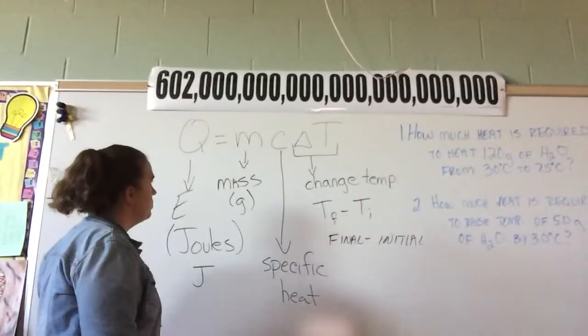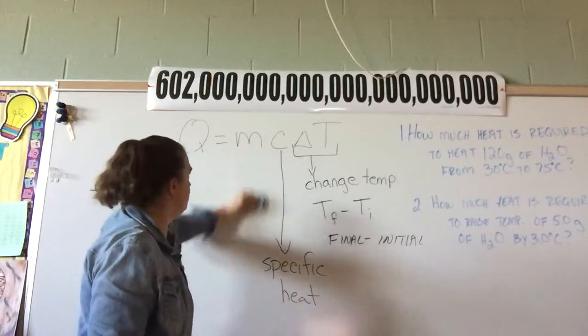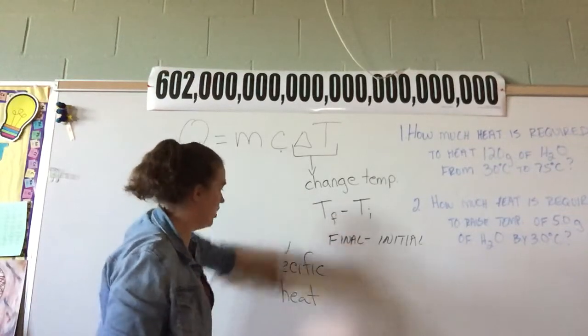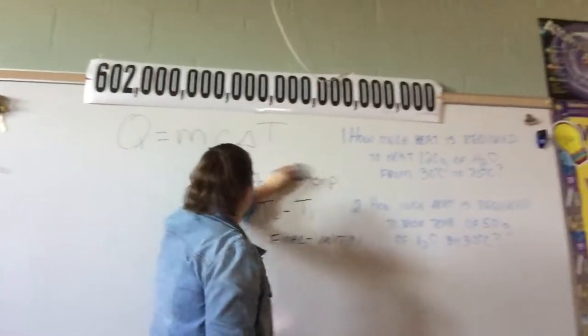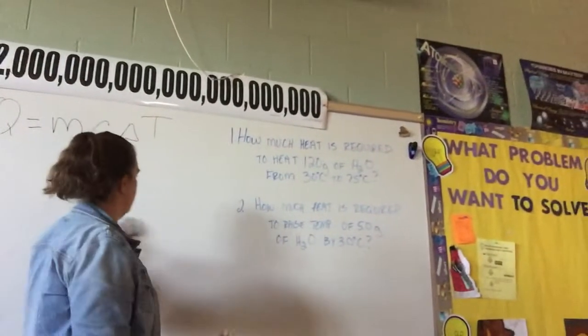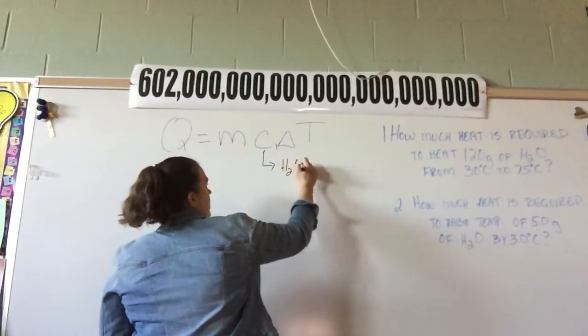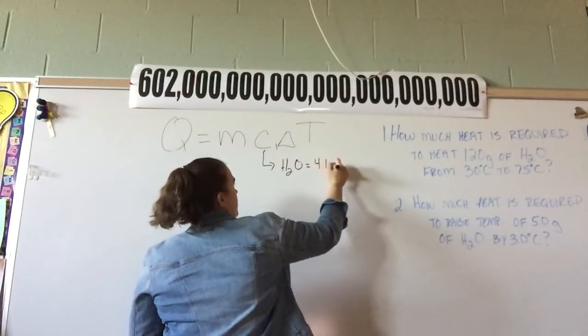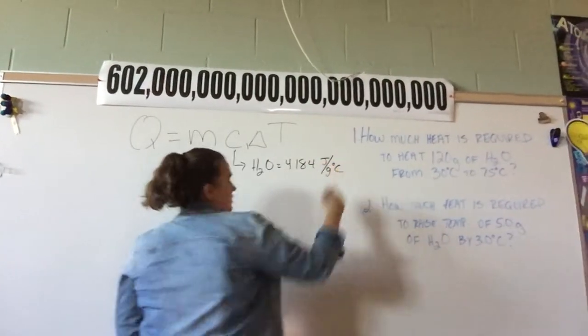However, there is one thing I do want to mention. Most of the time we are dealing with water. We are going to heat and cool water, which means you need to know the specific heat of water. The specific heat of water is 4.184 joules per gram degree Celsius.